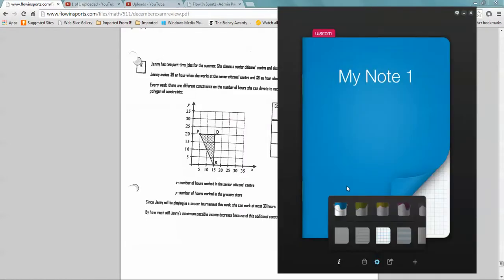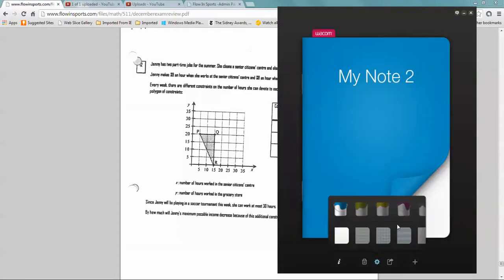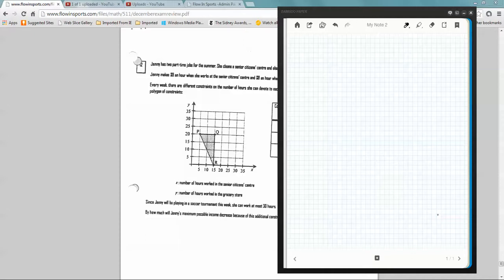How do I select it now? Okay, here we go.